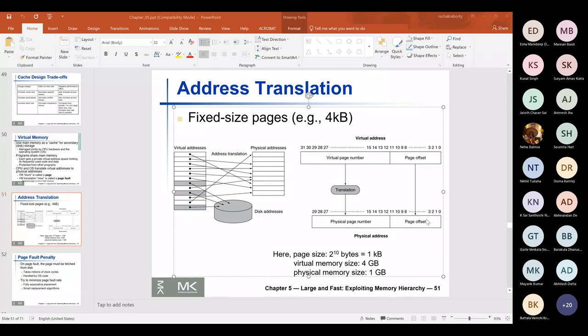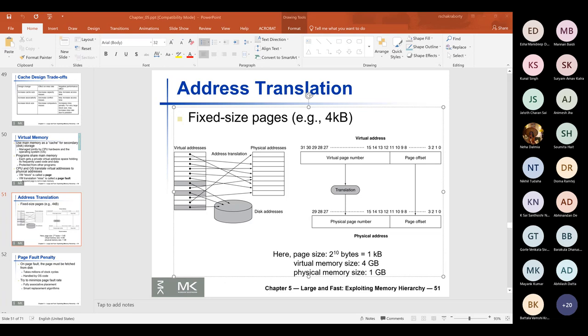The page offset remains the same, and the remaining 2 power 18 physical pages, each of size 2 power 12 bytes, denote the physical page number. So there is a translation from a virtual page number to a physical page number. How does this translation happen? There are mechanisms. We will study that in the later part of today's class.